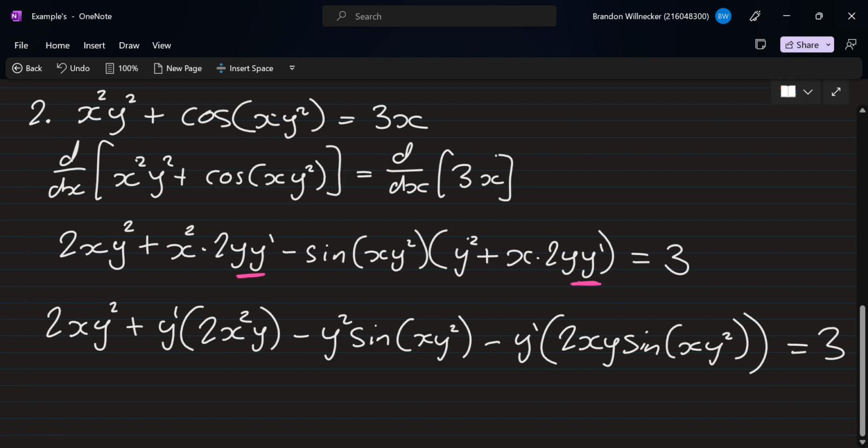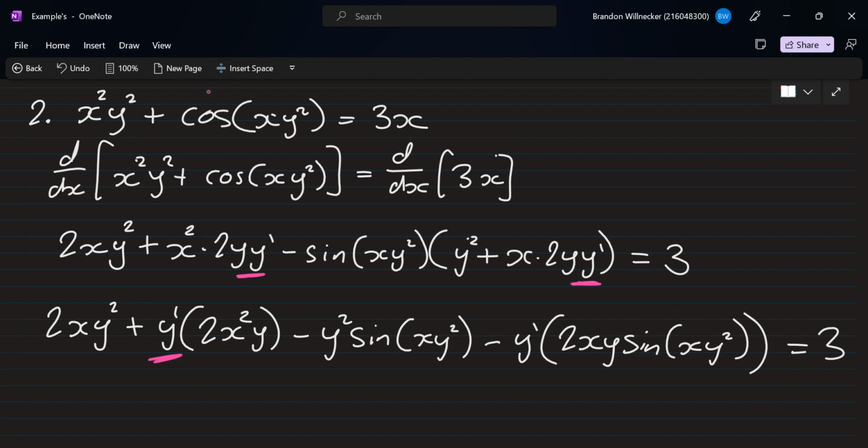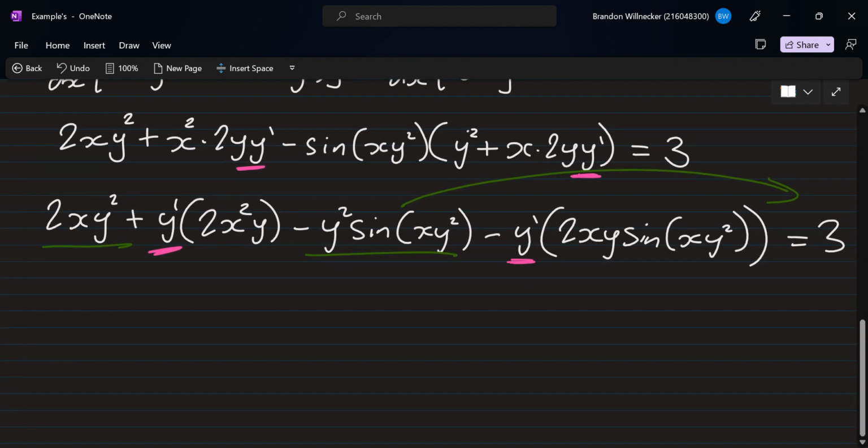Okay, so again, let's see where those y primes are. We've got the y prime there, we've got the y prime there. We would like those to be on the one side, and then everything else, let's put that in green. So that bit and that bit, we're going to take that over to the other side. Okay, so we have y prime, and then let's gather those other terms.